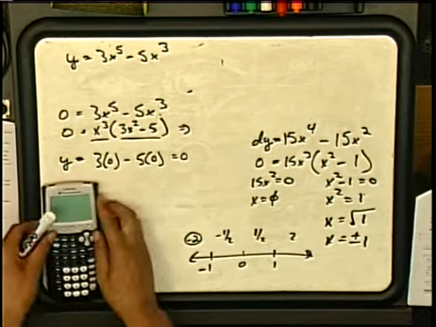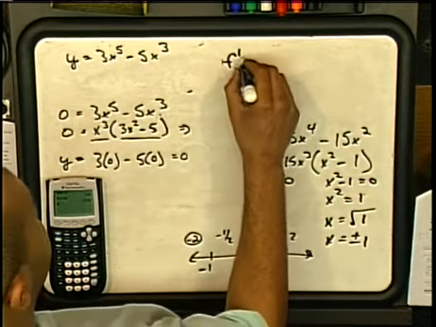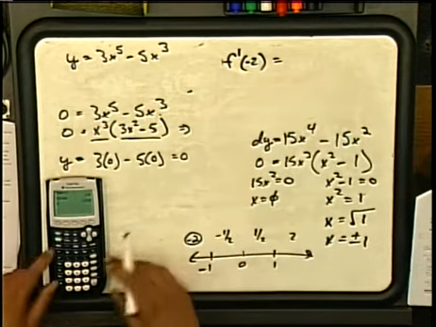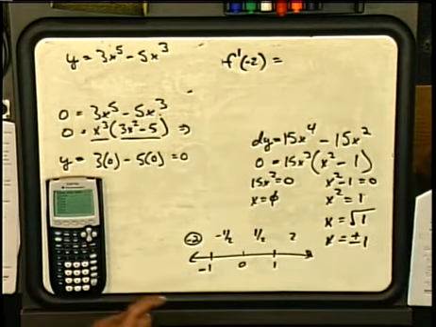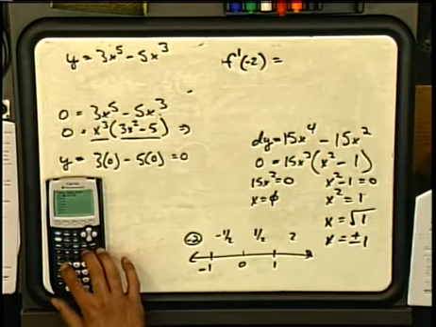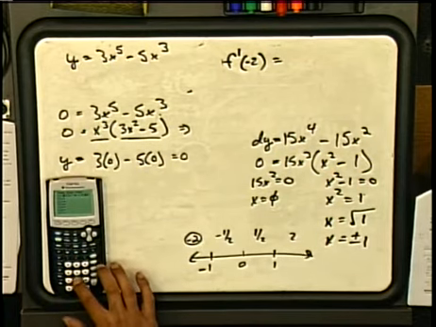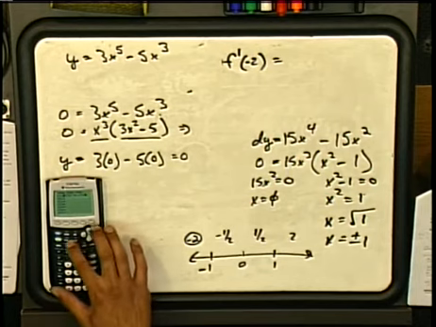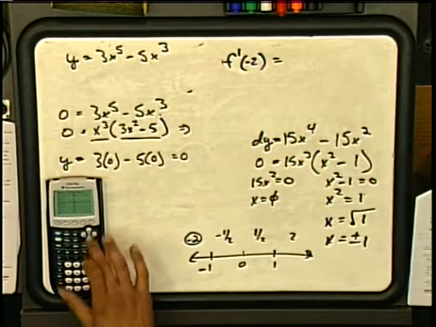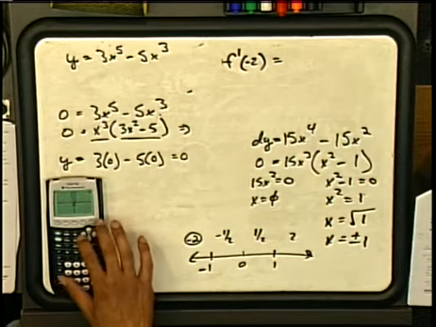So the way I'm going to do it, I'm going to plug the values into f prime. I'm going to plug negative 2 into f prime, using my calculator. 15x to the 4th minus 15x squared. Graph that. Table.